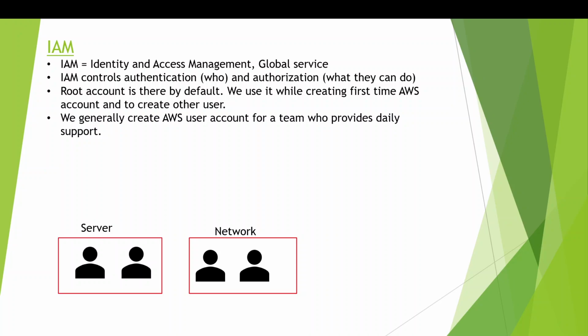Before moving into the console, let me give you the concepts. Within IAM we have four concepts. First is users, we create users, and the second is groups. So we create groups and add a user into that group. The third is roles.